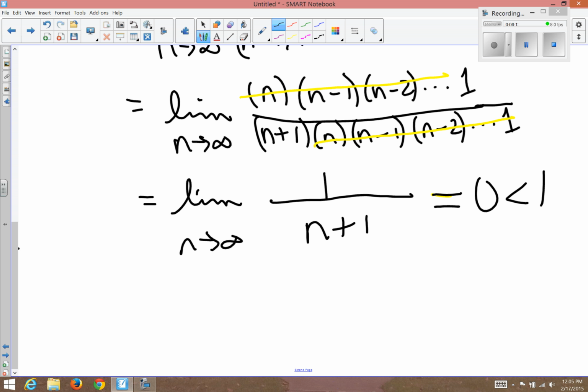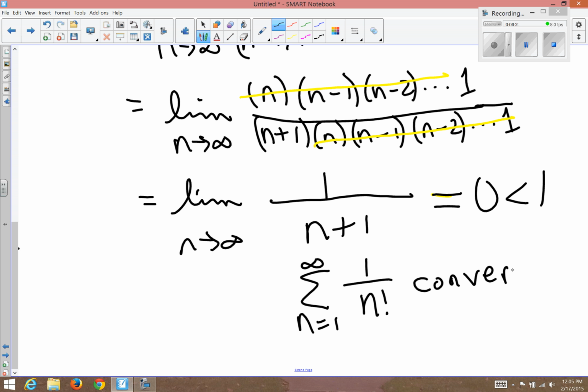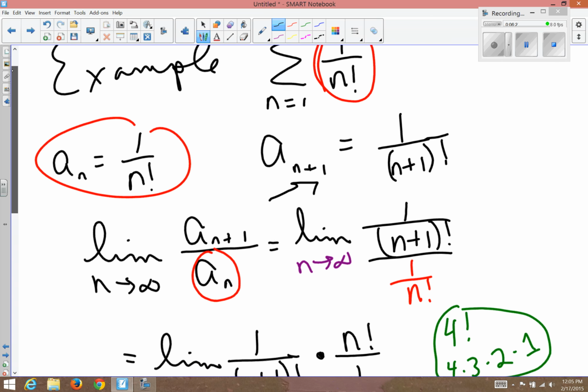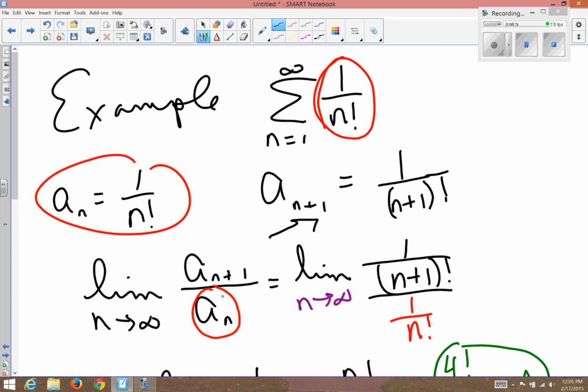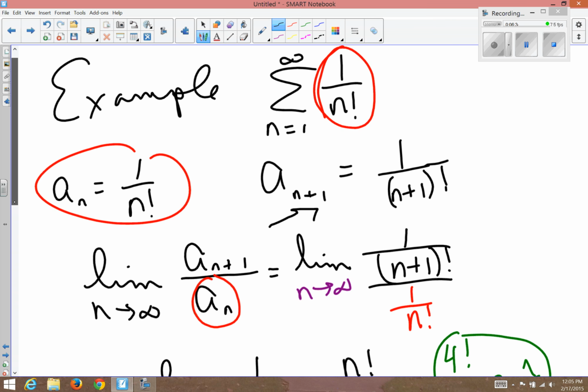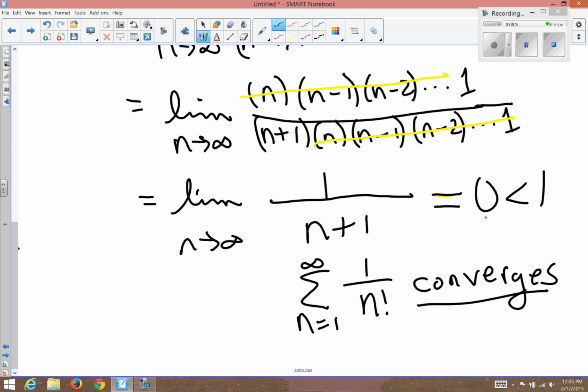So by the ratio test, this series converges by the ratio test. The limit of this ratio, n plus first term over nth term, as n approaches infinity, is anything less than 1. We can say the series converges.